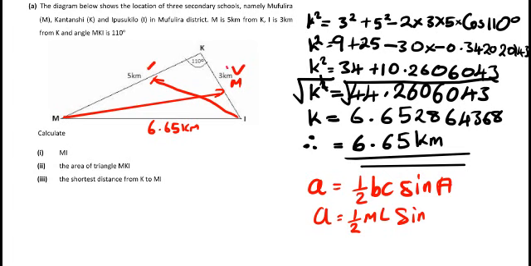And then we just say sine capital letter K, like that.